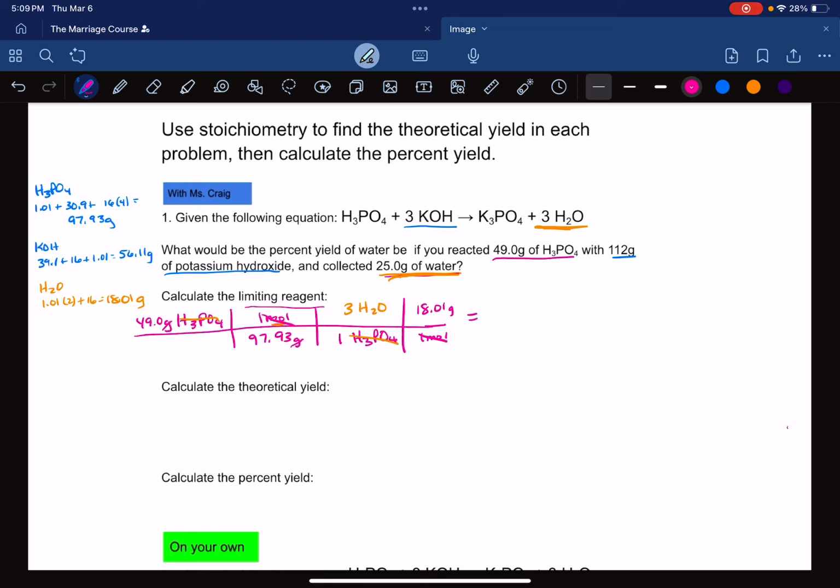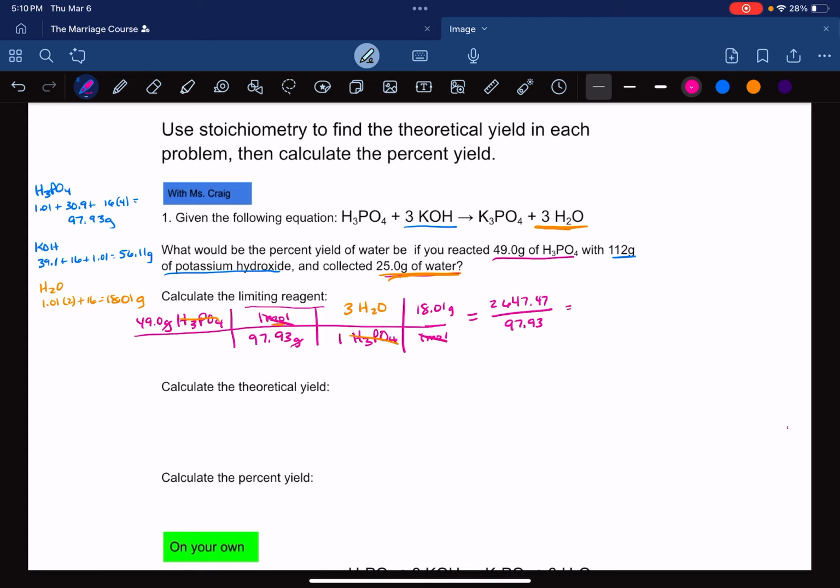So now if I multiply everything across the top, I've got 49 times 3 times 18.01, and that comes out to 2,647.47. I'll multiply everything on the bottom. 97.93 times 1 is 97.93.